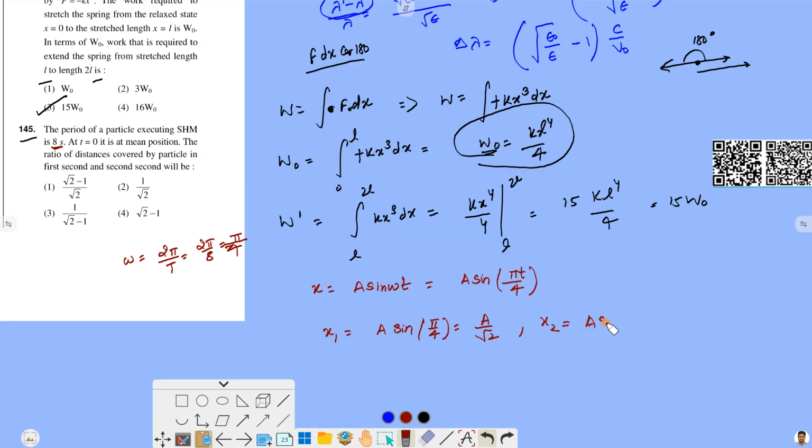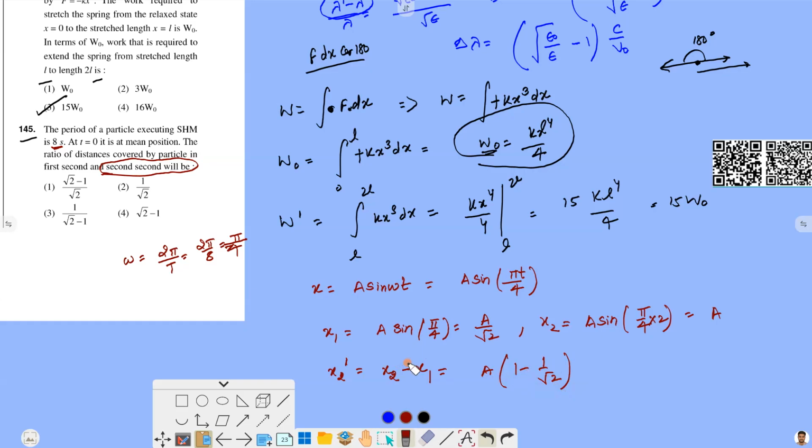So that will be a sine of pi by 4 into 2, and that will be equal to a. Now we have to calculate displacement only in the second second, not up to the second second, and that will be equal to, let's say, x2 dash, which is the displacement up to 2 seconds minus displacement up to 1 second, and this will give us a into (1 minus 1 by root 2).